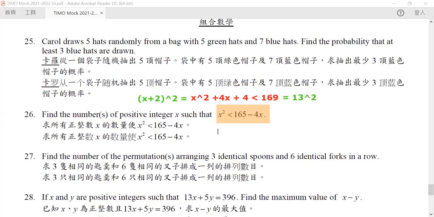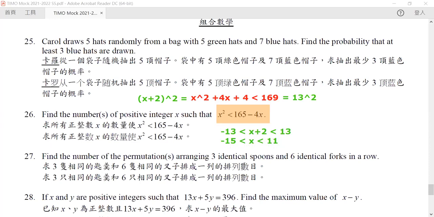In other words, x plus 2 must be in between plus 13 and minus 13, or in other words, x must be in between negative 15 and negative 11.